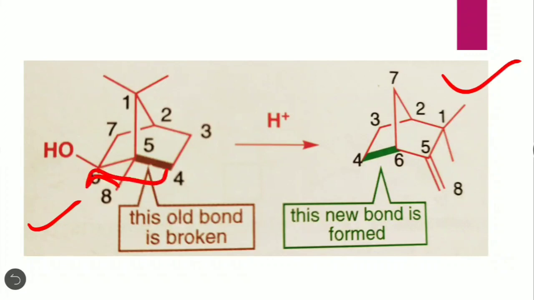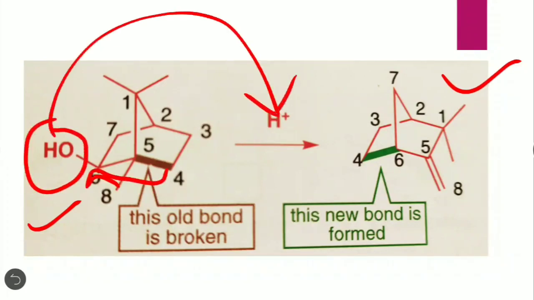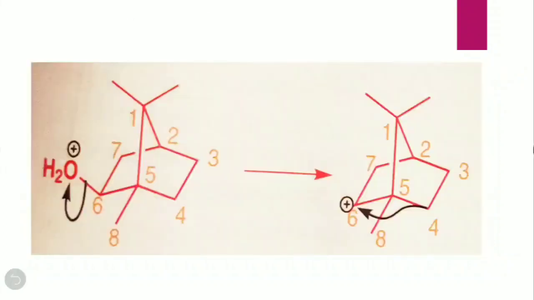As we have seen in the earlier example, this OH will abstract the proton and OH2 plus will be formed, which is a water molecule and a good leaving group, and it will depart. The formation of a carbocation at the sixth position takes place, and it is also a secondary carbon.